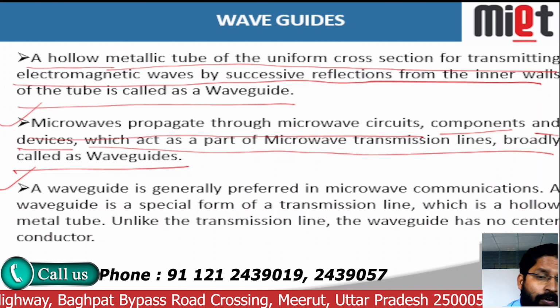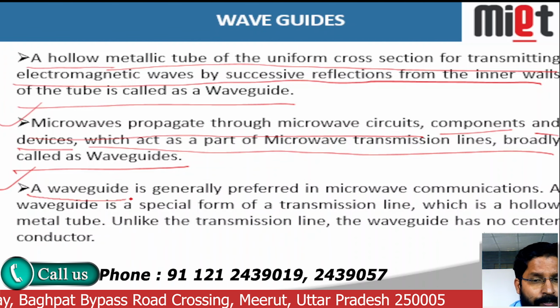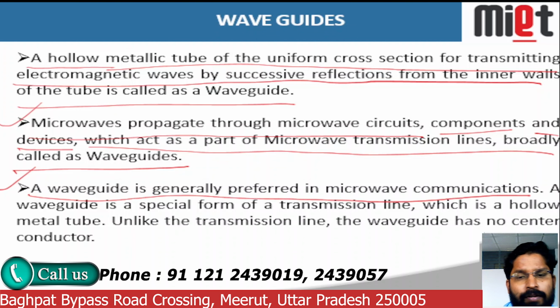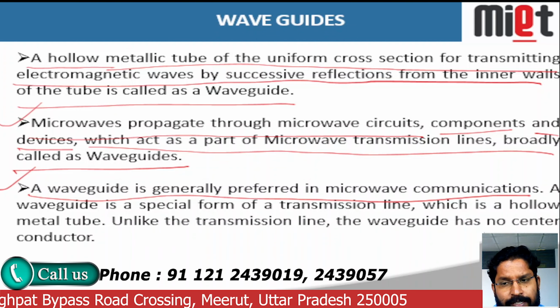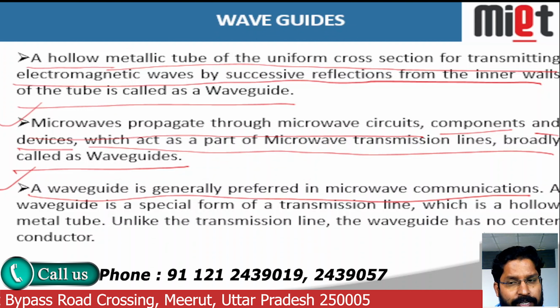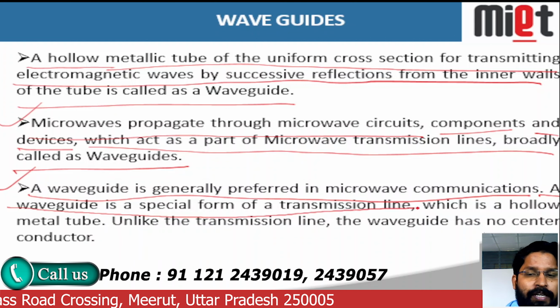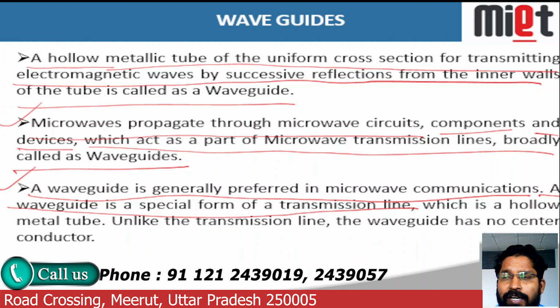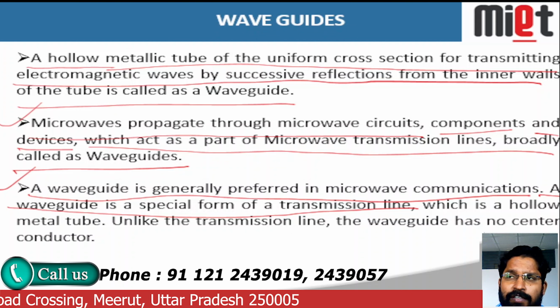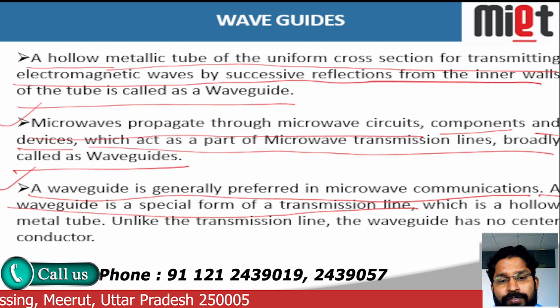Next, a waveguide is generally preferred in microwave communication. A waveguide is a special form of transmission line. Generally, transmission lines are used at lower frequencies, but at microwave frequencies we use the waveguide.